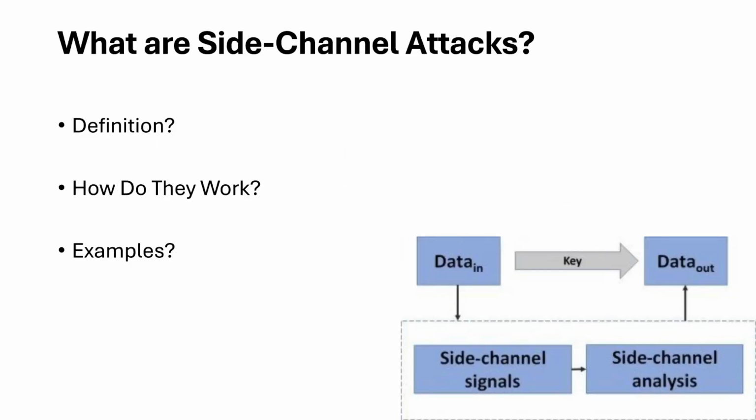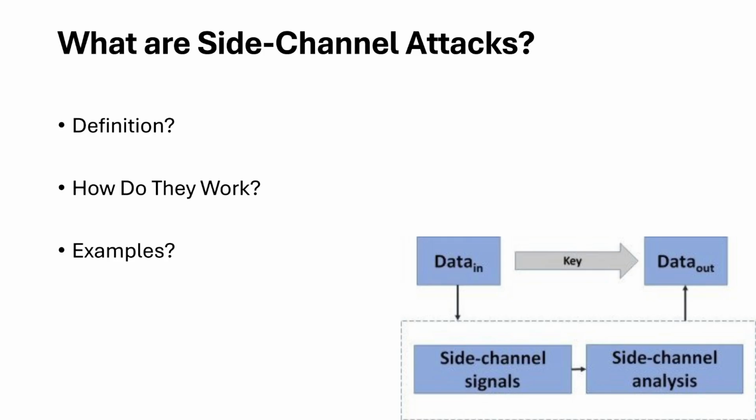A side channel attack is a method of extracting secret information by exploiting unintended information leaks from a system. Unlike traditional attacks, which directly break encryption or exploit software vulnerabilities, side channel attacks analyze the physical characteristics of a machine, like timing, power consumption, electromagnetic emissions, or cache behaviors.